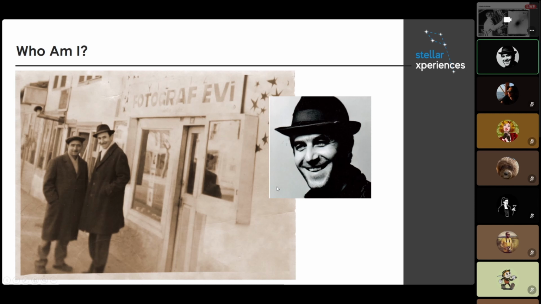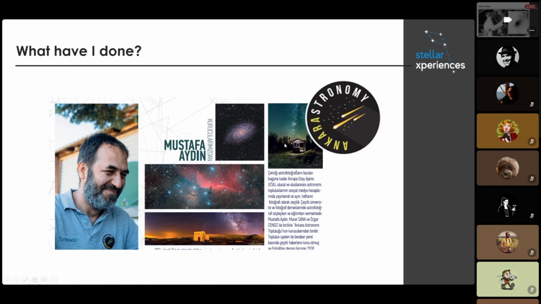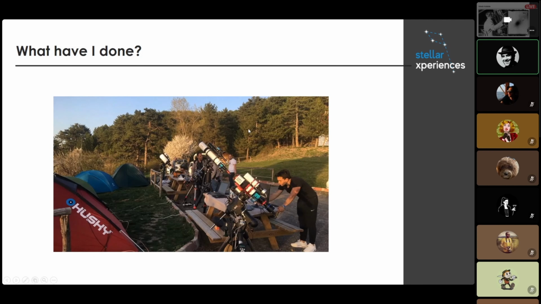And this is one of the astronomy and astrophotography clubs that I was a founding member of. It is called Ankara Astronomy. With two other friends, we formed this, and we had lots of astro camping.